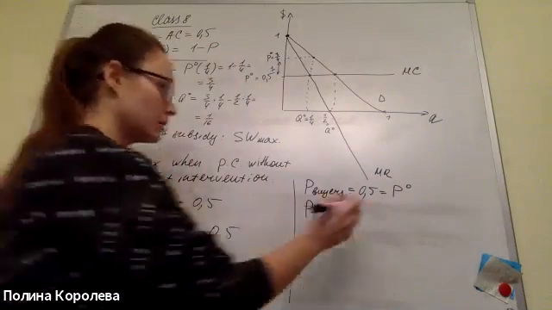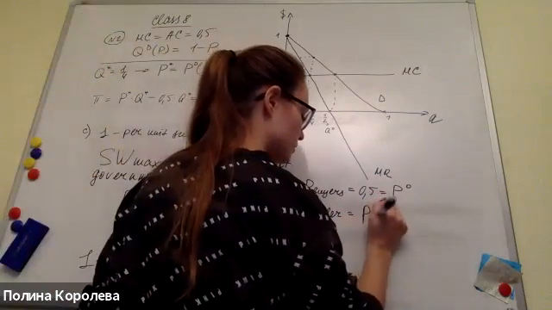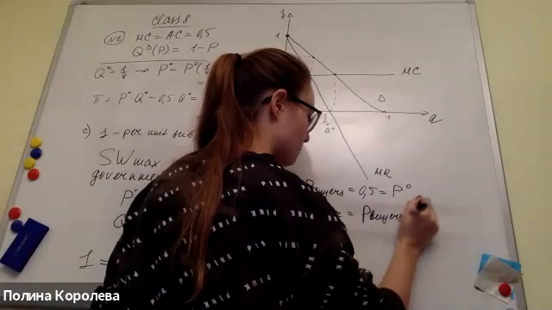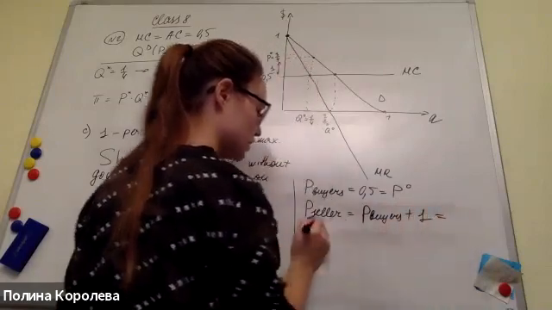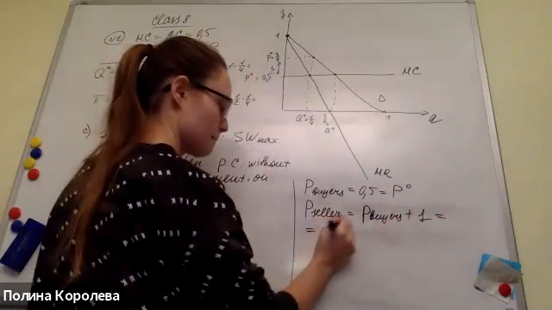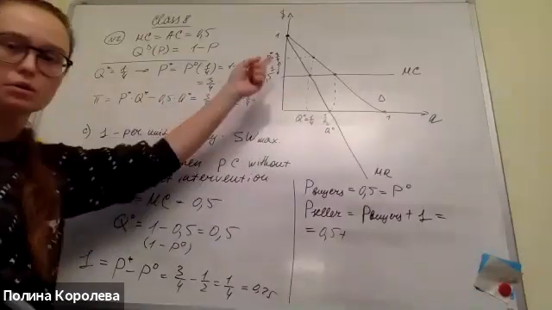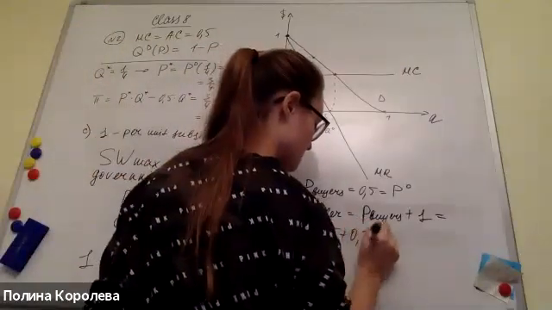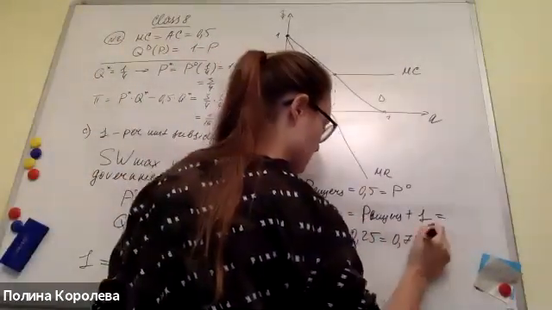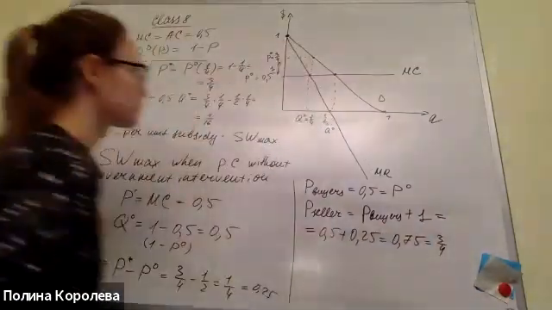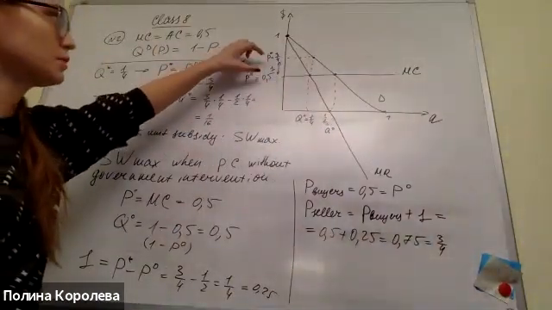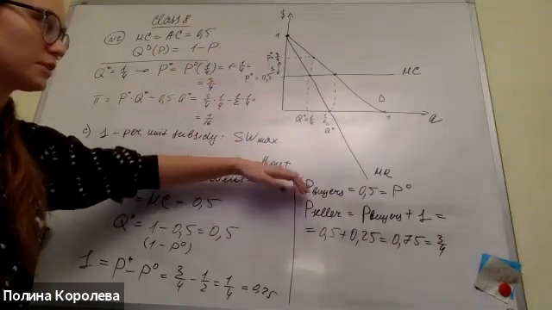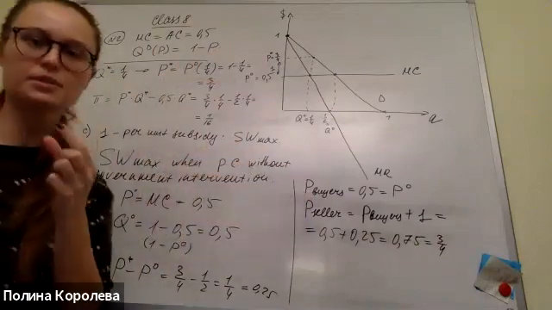So the price of buyers plus subsidy is how much? 0.75, as before, 3/4, the monopolist price. So the difference between the price of sellers and the price of buyers is now this subsidy.